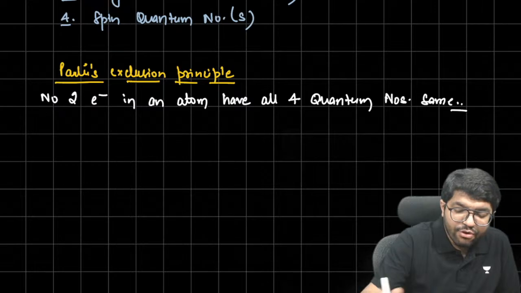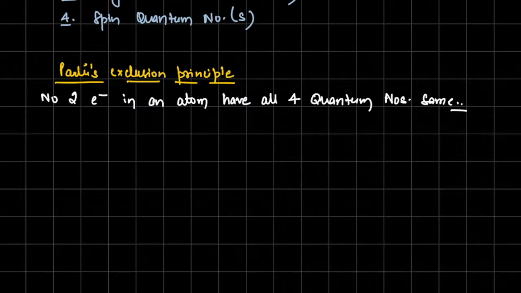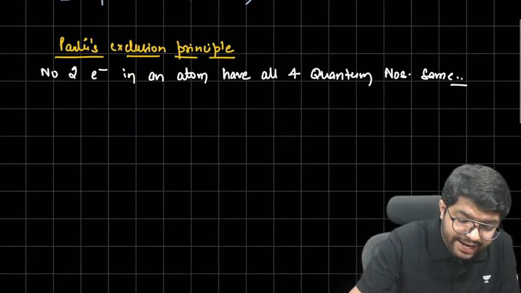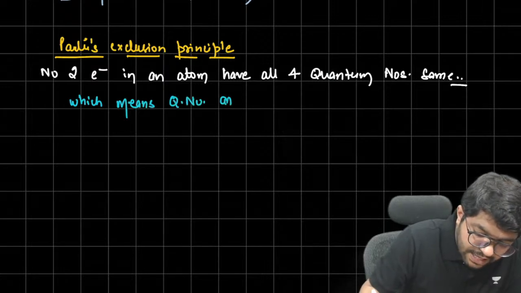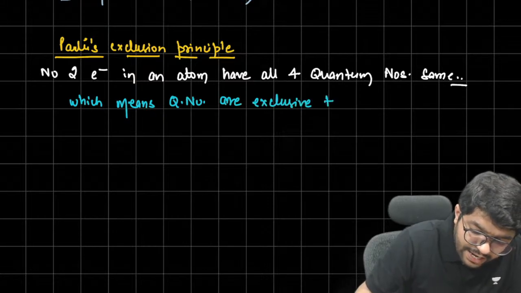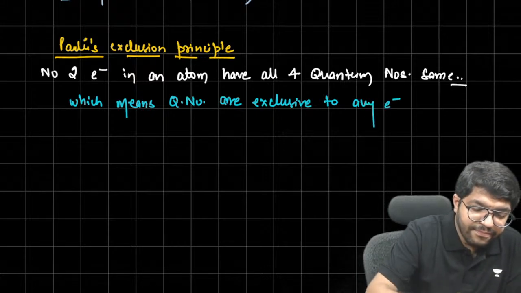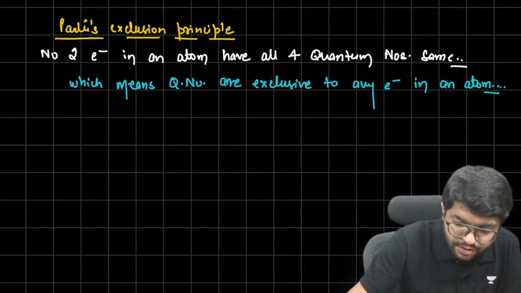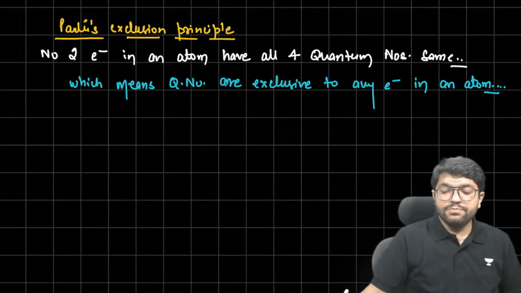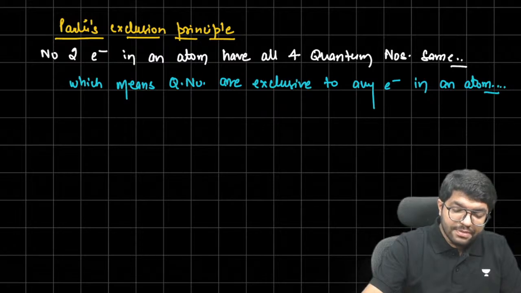No two electrons can have all four quantum numbers the same, which means that quantum numbers are exclusive to any electron in an atom. So that was given by Pauli's exclusion principle.